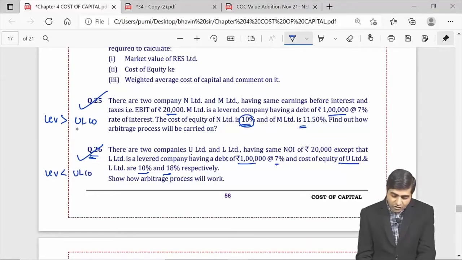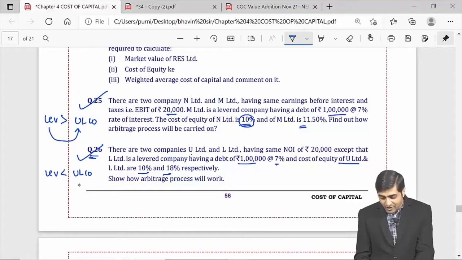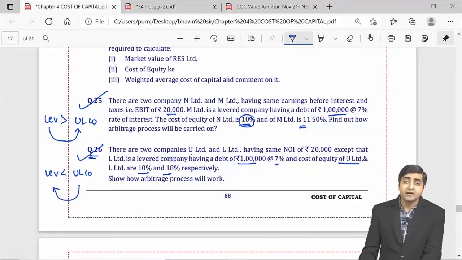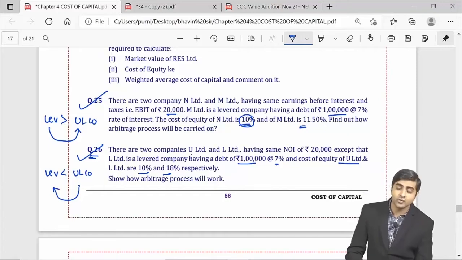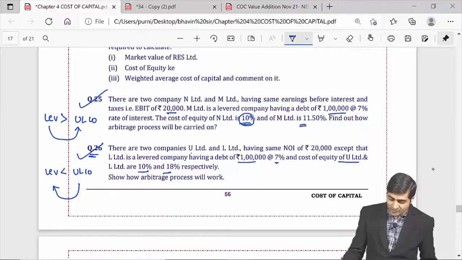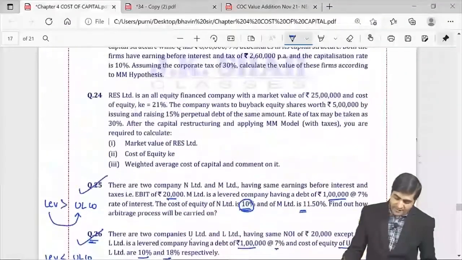So basically you are going to shift your investments in question number 25 from levered to unlevered, and in question number 26 we will shift our investments from the unlevered company to the levered company, and for sure you will earn some arbitrage profits, okay? So that's how you can approach question number 25 and question number 26.